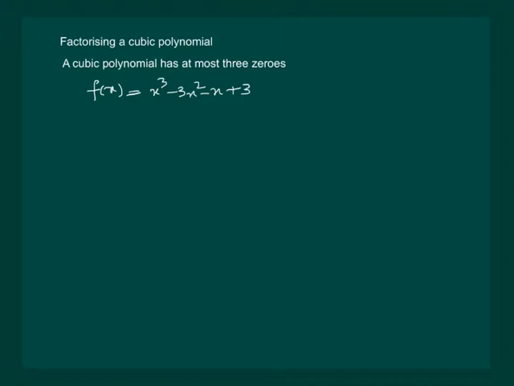Here the constant term is 3, so the various factors of 3 are 1 and 3. Let us try to substitute x equal to 1 and see if it is the zero of this polynomial, and we can see that yes, x equal to 1 is the zero of the polynomial, as f of 1 comes out to be 0.